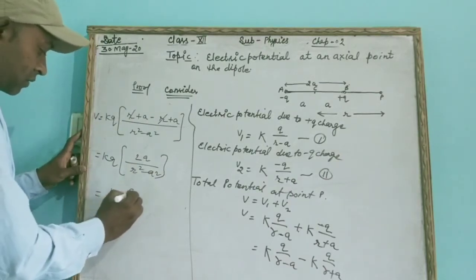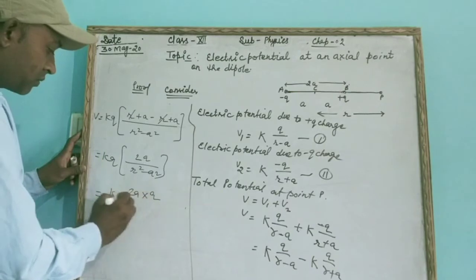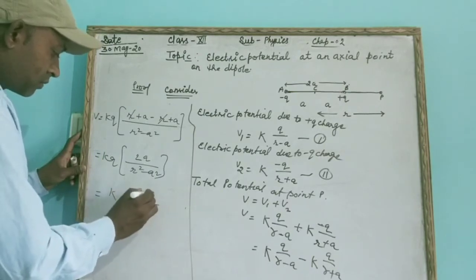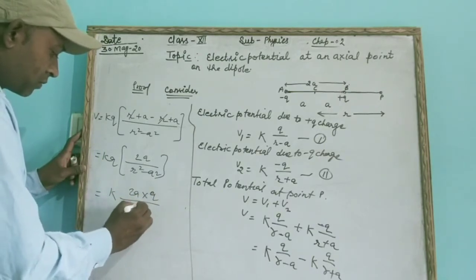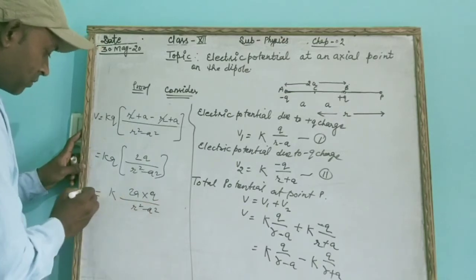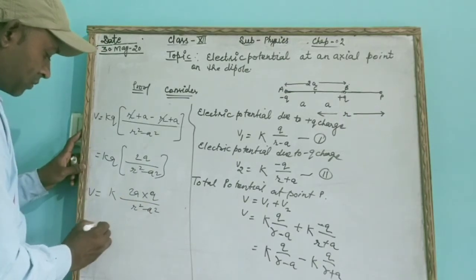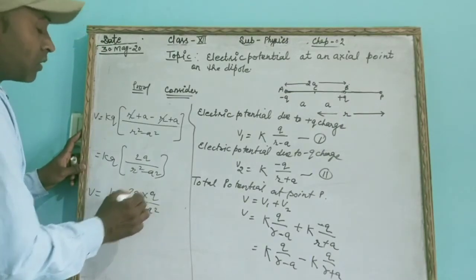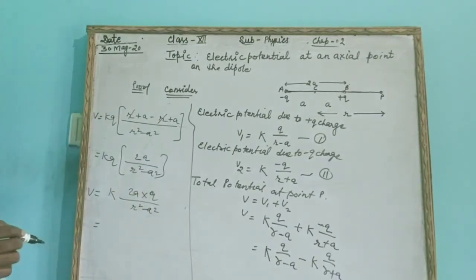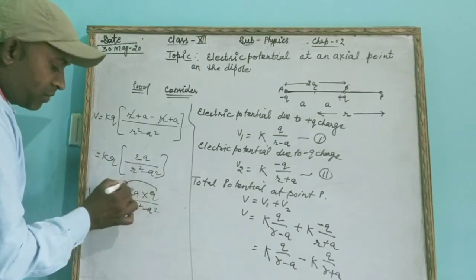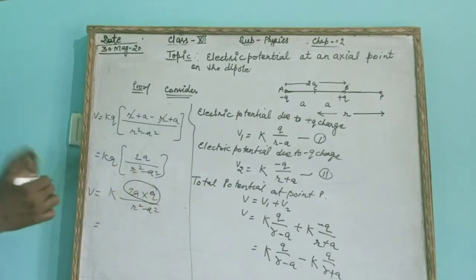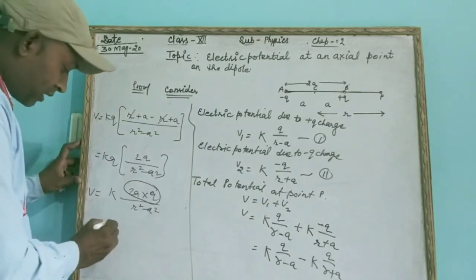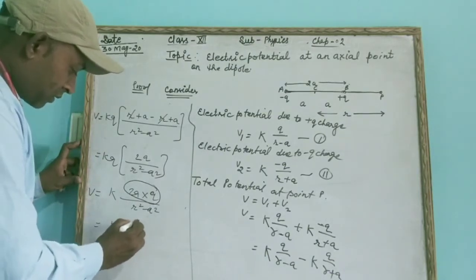So k into 2 into q. As you all know, 2a into q is the dipole moment, which is equal to p.